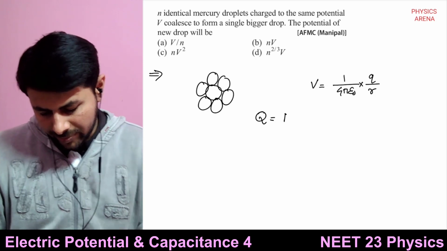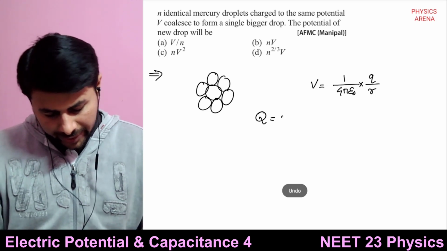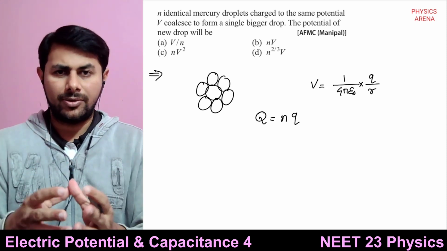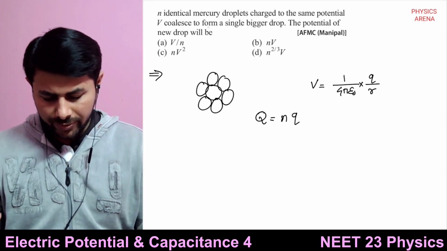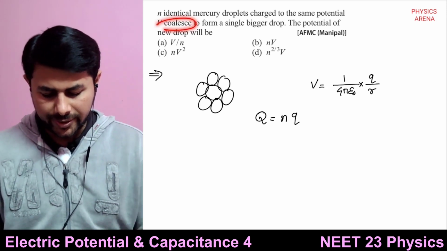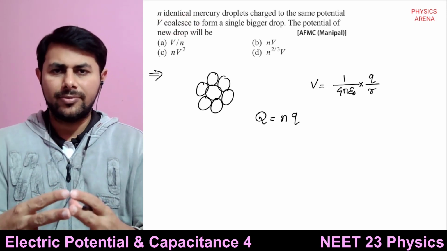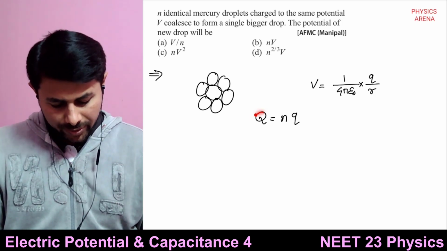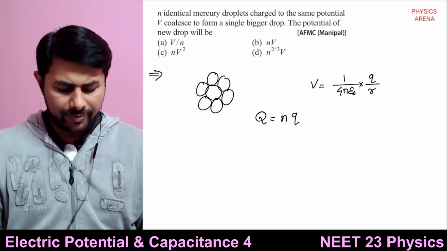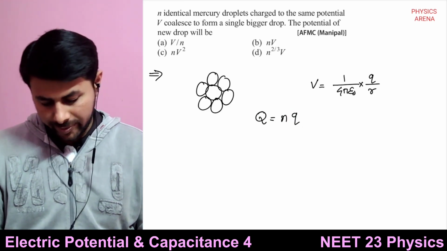It will be n times small q. This is the total charge on the bigger drop that you get due to the n drops coalescing: charge on each drop multiplied by n.